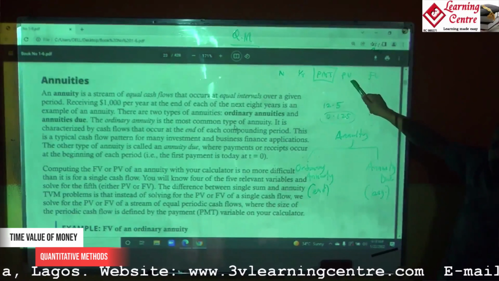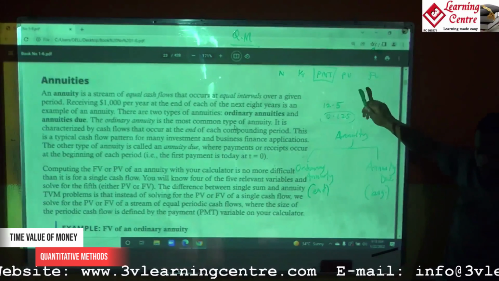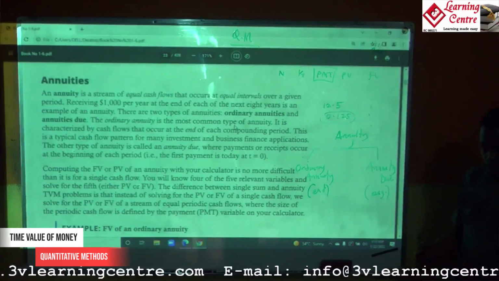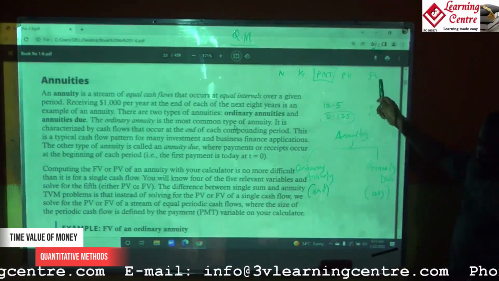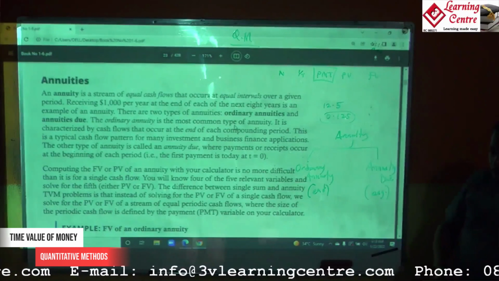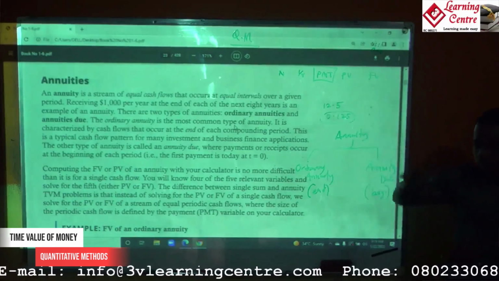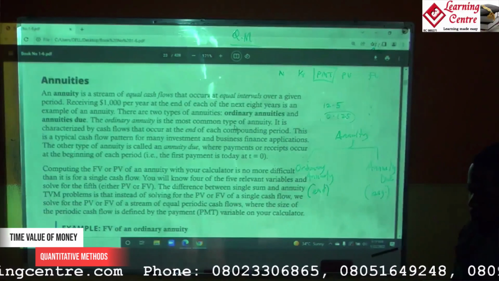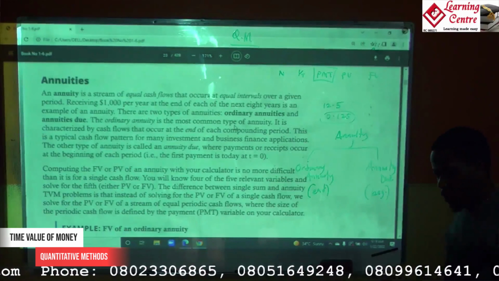Now, PV is present value. And what this is referring to is a lump sum that is being received today, like at the present, right? Whereas future value is referring to a lump sum in the future. So if you have a question that says, once upon a time, maybe Razak's uncle promised him January 1 that he'll be giving him 50,000 naira every month for the next 12 months.